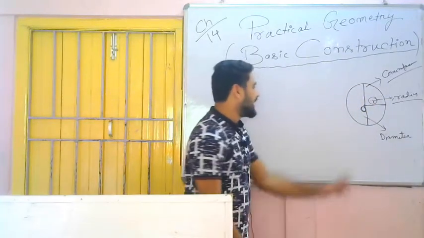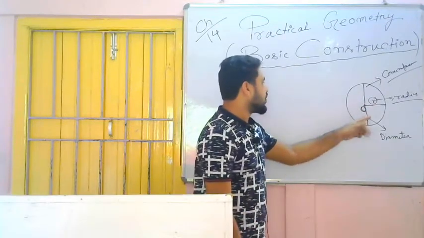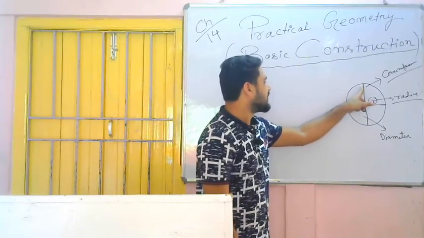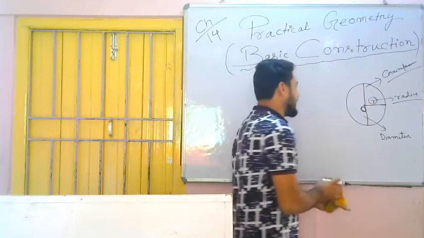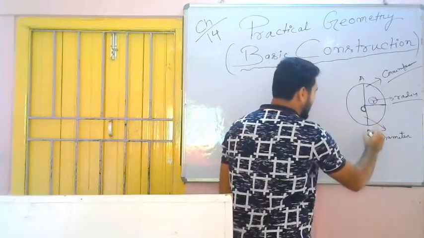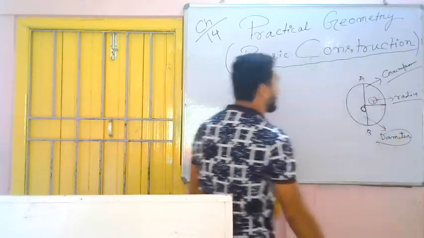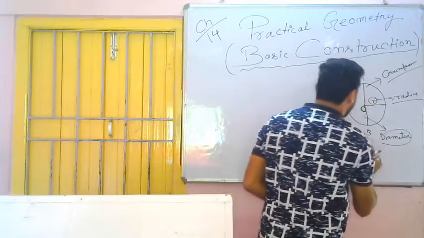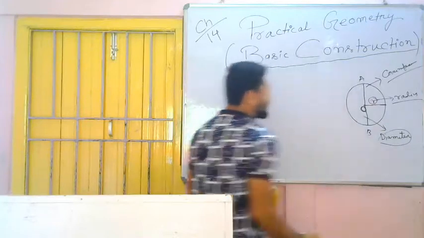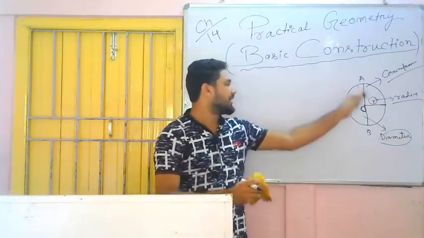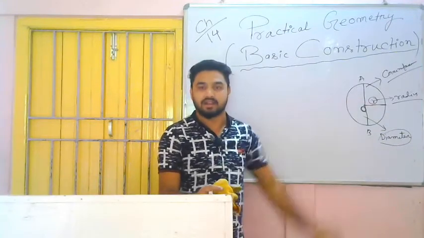That means a line segment drawn from one point to the opposite point. If I name it AB, then AOB, or directly AB, will be the diameter. So those are the names of the parts of the circle.